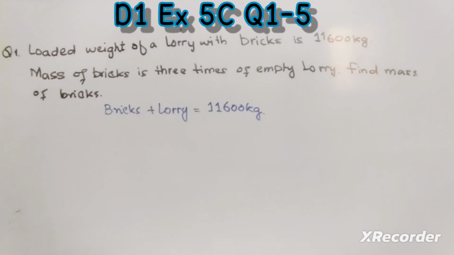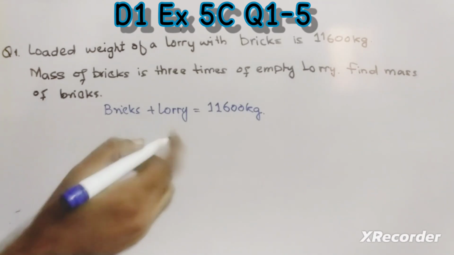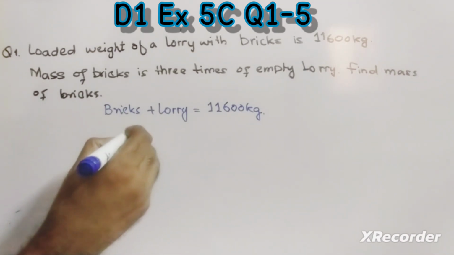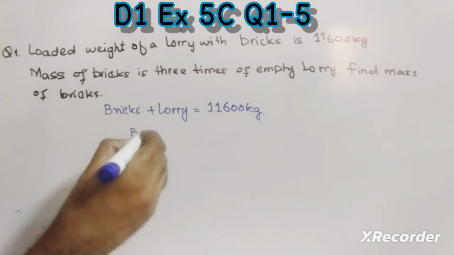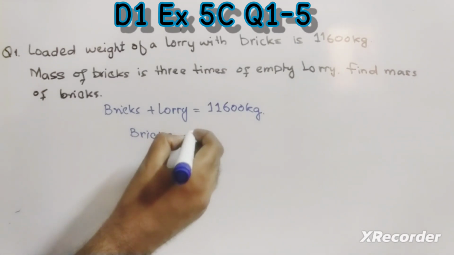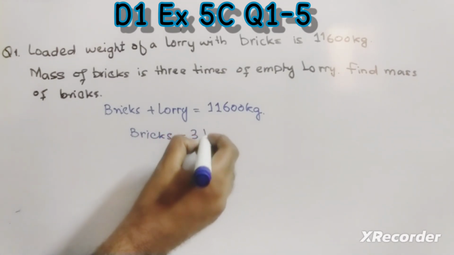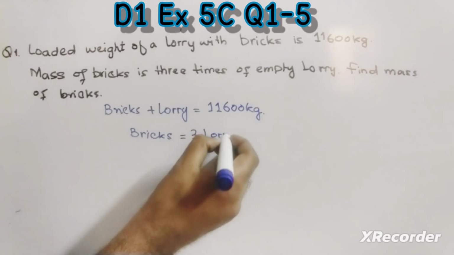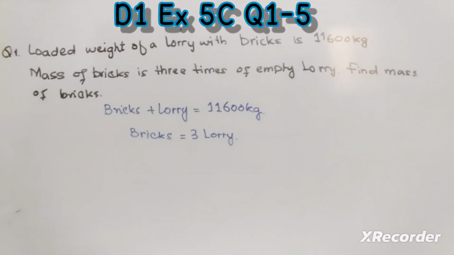This is the first statement. Second part, mass of the bricks is 3 times of the empty lorry. So from this relation, we can say that mass of the bricks is equal to 3 times lorry. Now find the mass of the bricks.